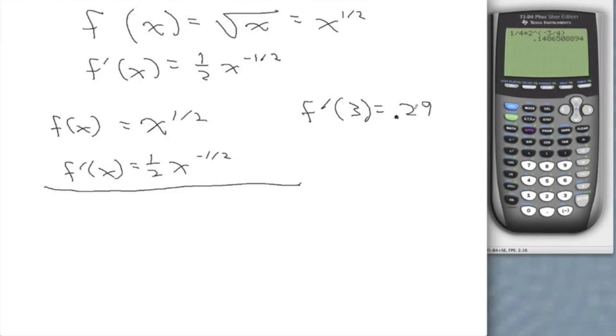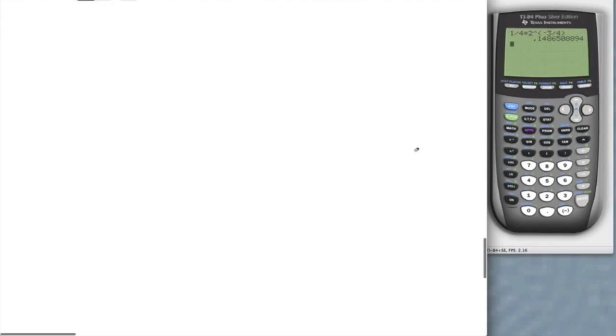Good. So I'll approximate that as 0.29. Now again, we should not write this. Instead, we have to write it with the label. We want to try and get in the habit of writing equations and not just expressions or numbers by themselves.